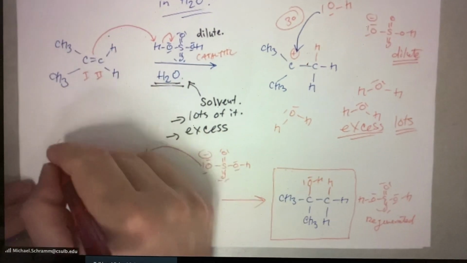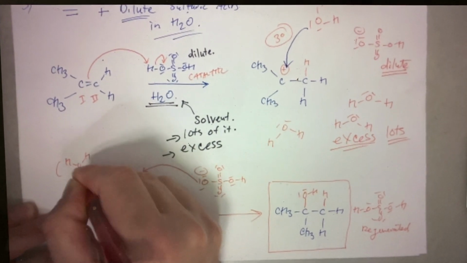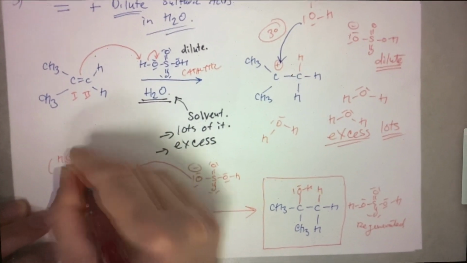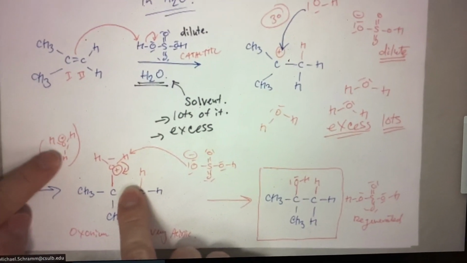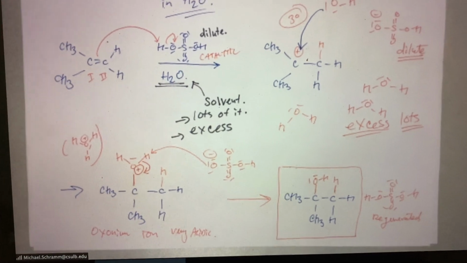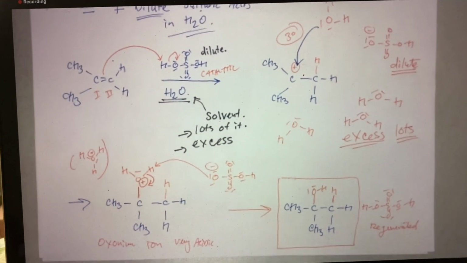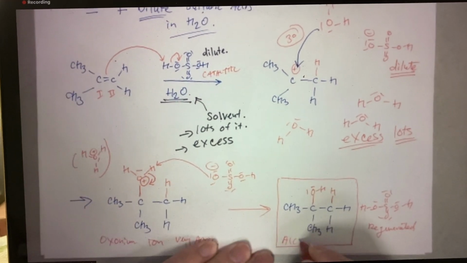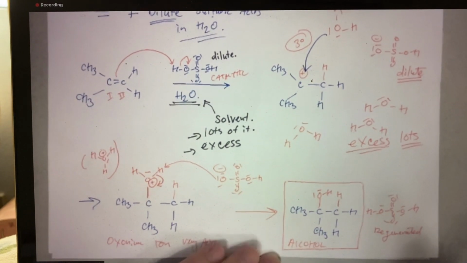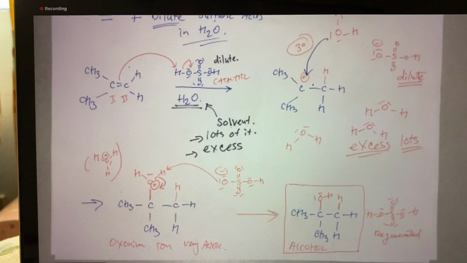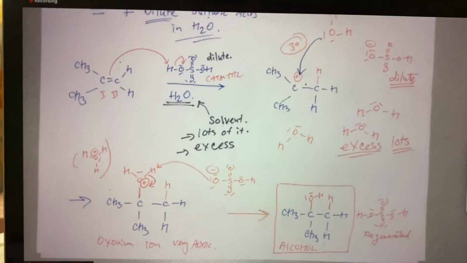This looks very, very similar to hydronium ion. This functional group here looks very similar to hydronium ion, and we know it's very acidic. And in this reaction, our end goal is to make an alcohol. These are the major products isolated from this reaction. And this particular mechanism helps us explain that.